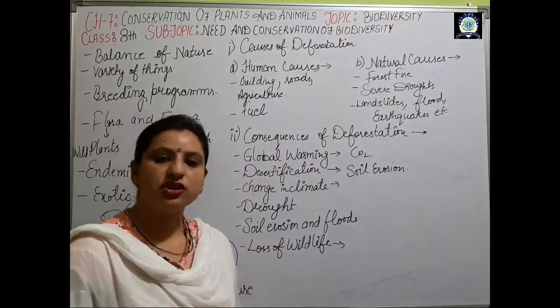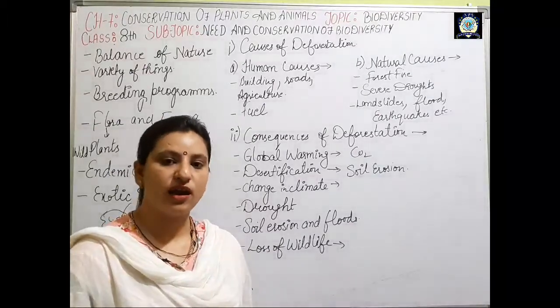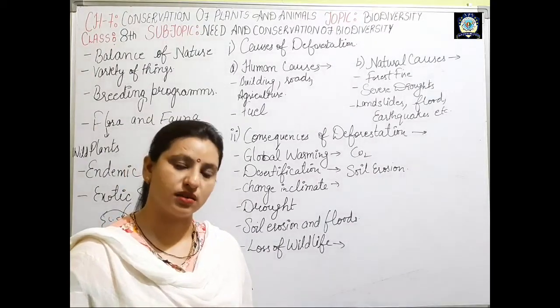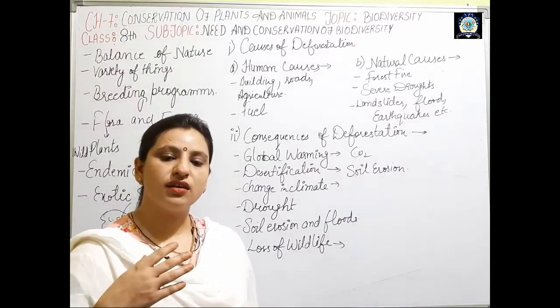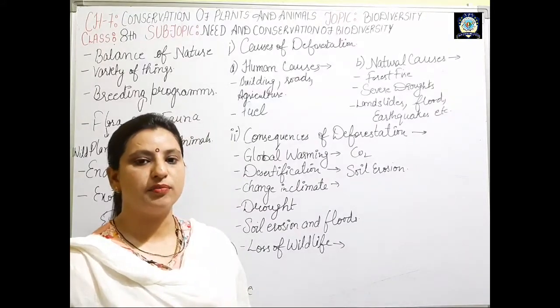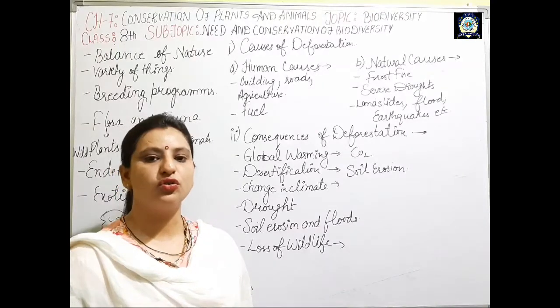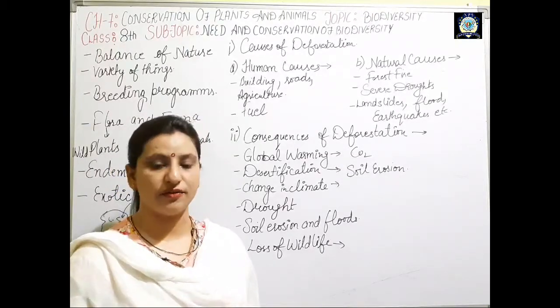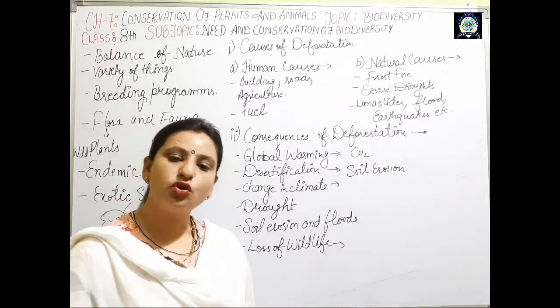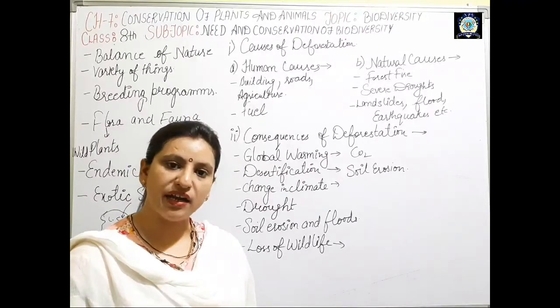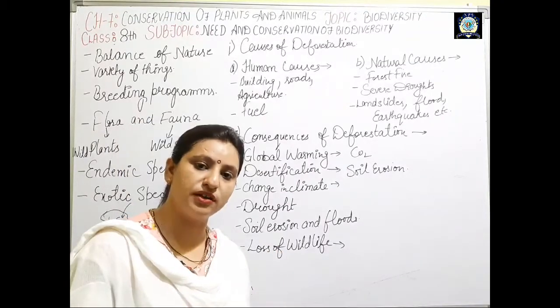Due to deforestation, the natural habitats of many plants and animals are being disturbed. And if their natural habitats are disturbed, many species of plants and animals are also disturbed in their lifestyle, because food resources are depleting as the forests are depleting.